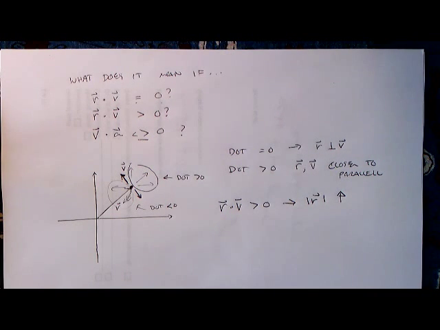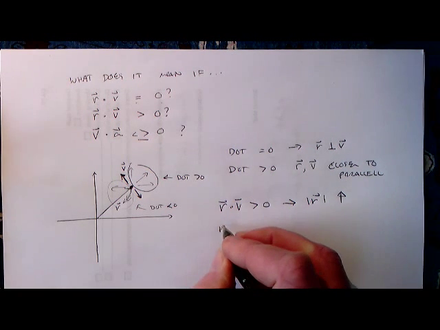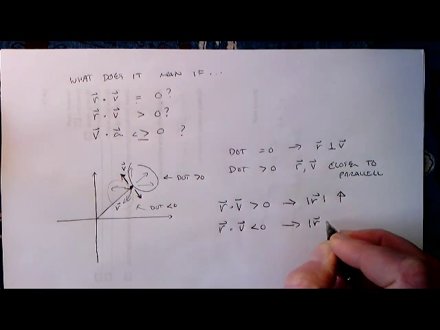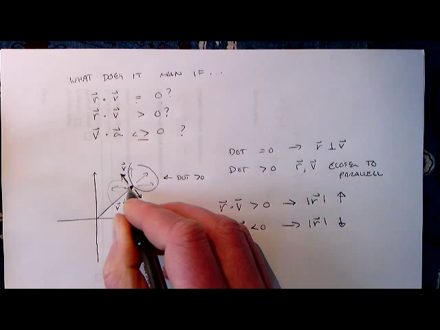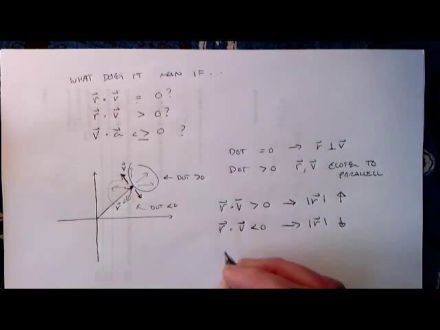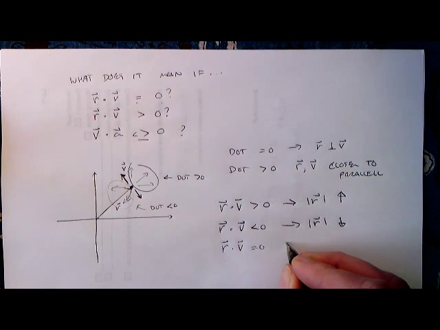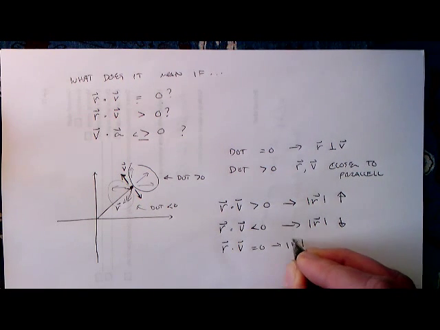In other words, the object is moving away from the origin. Similarly, if r dot v is less than 0, that implies the magnitude of r is decreasing. That is, the object is getting closer to the origin. And finally, when r dot v is equal to 0, the magnitude of r is staying the same.